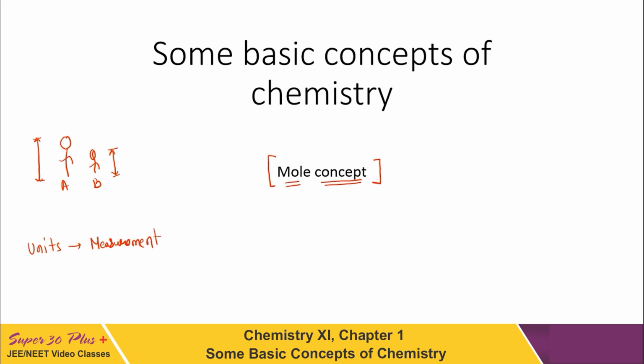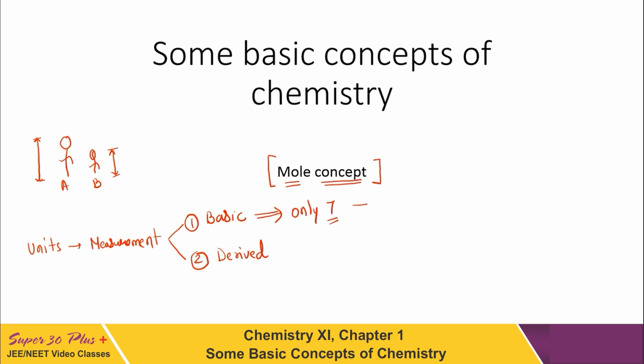So how many types of units do we have, guys? We have two kinds of units. Number one is the basic units, or you can say the fundamental units, and number two is the derived units. Derived units are many, but basic units are only 7. These are units which cannot be divided further, and together they constitute the derived units.